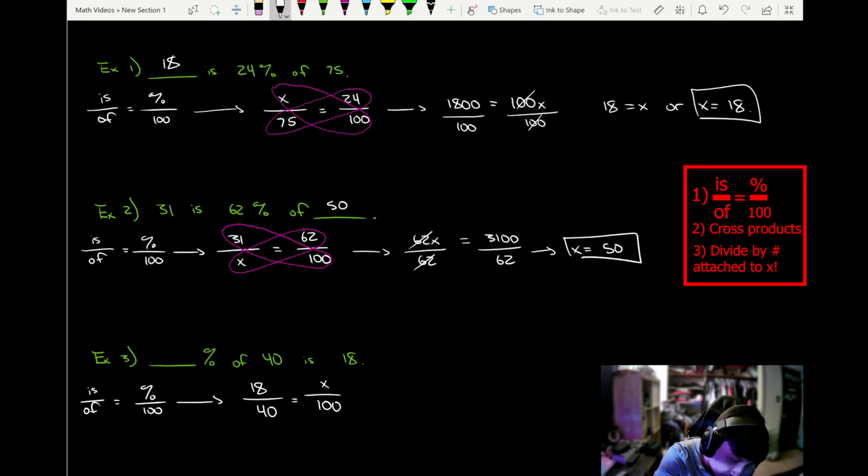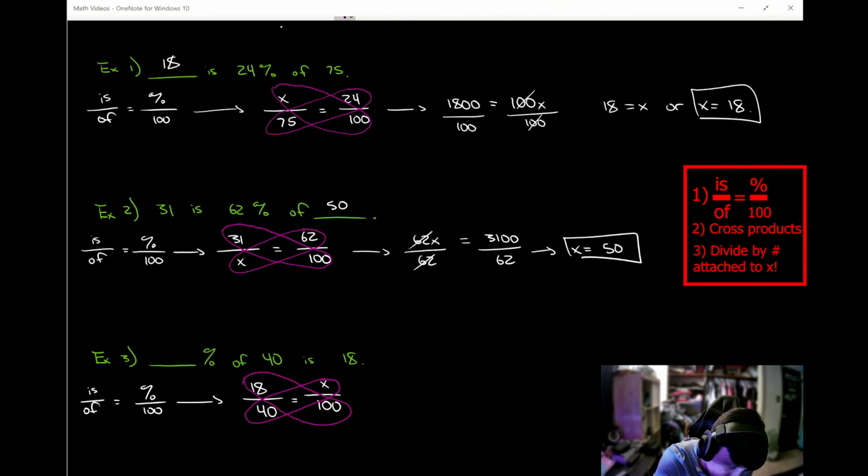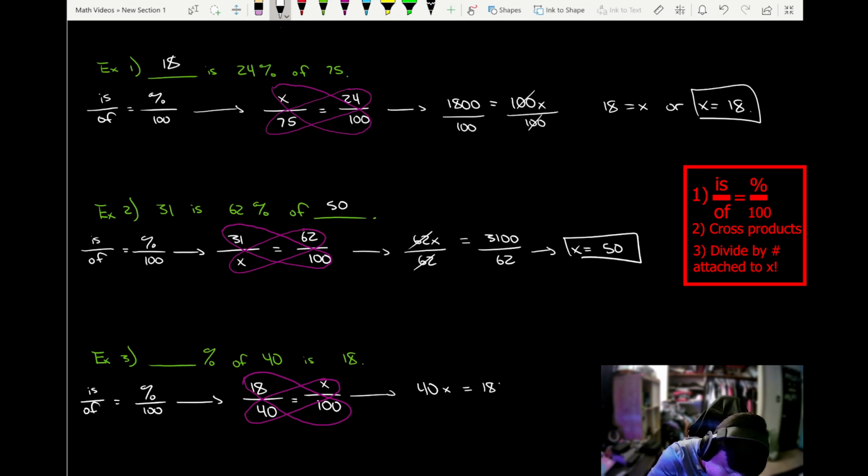And then same deal again with the cross products. 40 times x, 18 times 100. Oops. 40 times x is 40x. And then 18 times 100 is 1800. Divide by the number attached to the x on both sides, right?